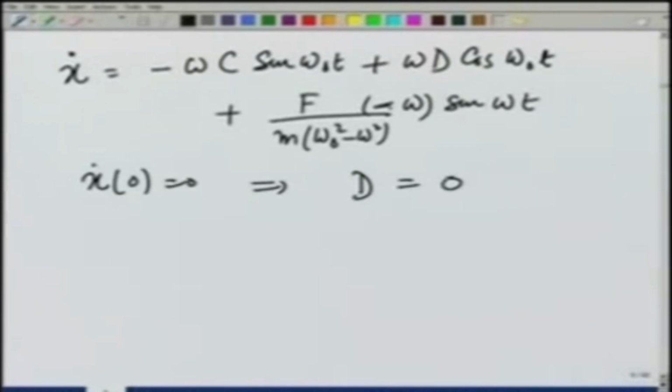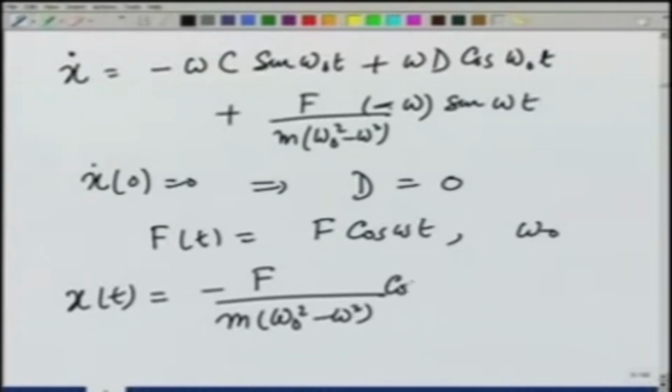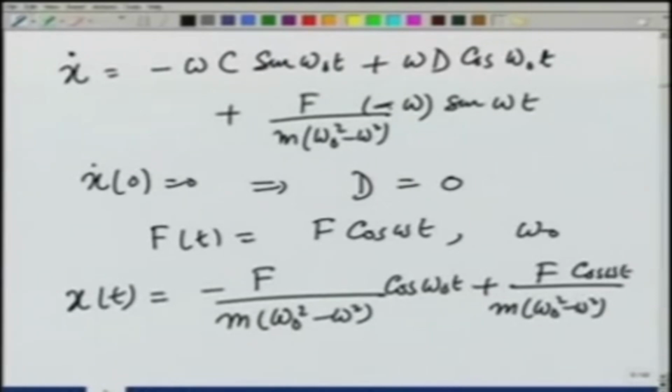And therefore, if I take an oscillator subjected to a force F of t equals F cosine of omega t and its natural frequency is omega 0, then the general solution starting with 0 velocity from the equilibrium point is going to be C, which was minus F over m times omega 0 square minus omega square, cosine of omega 0 t, plus F over m times omega 0 square minus omega square, times cosine of omega t.